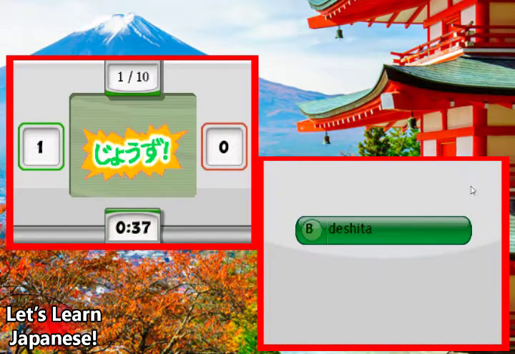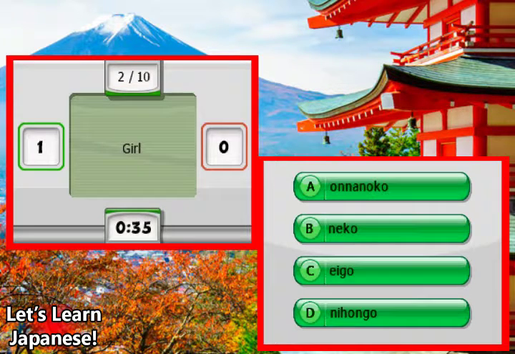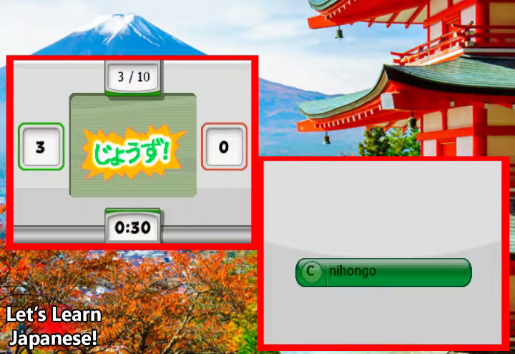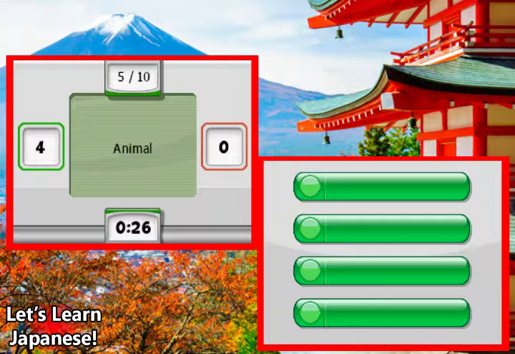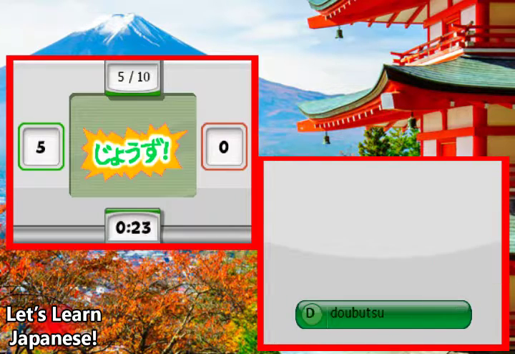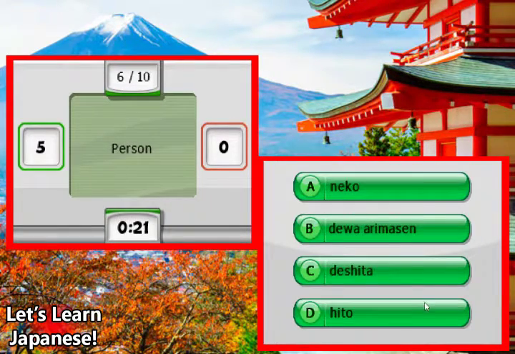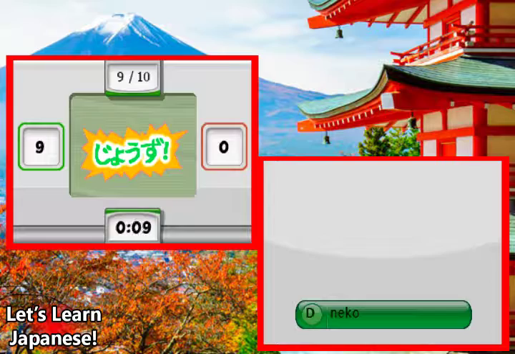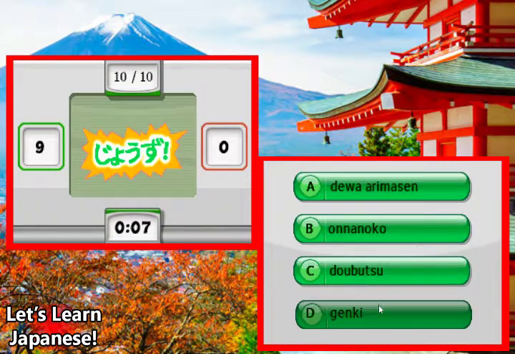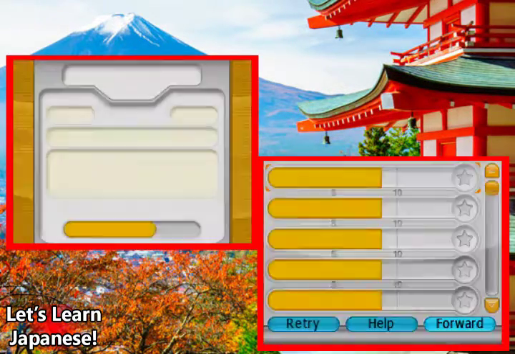Deshita. でした。 Onnanoko. 女の子 Nihongo. 日本語 Otokonoko. 男の子 Dobutsu. 動物 Hito. 人 Eigo. 英語 Dewa arimasen. ではありません。 Neko. 猫 Genki. 元気 Better.